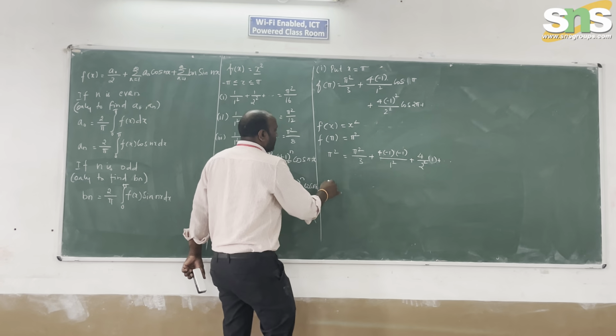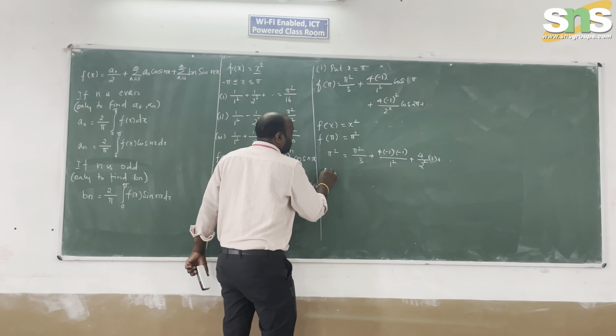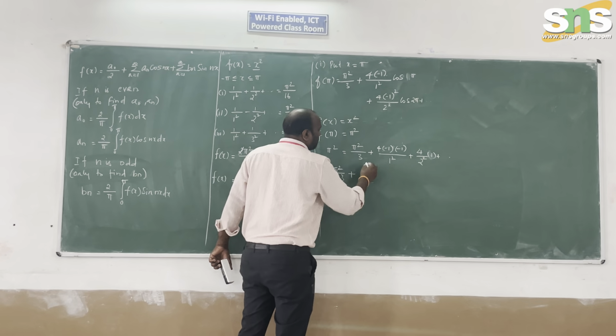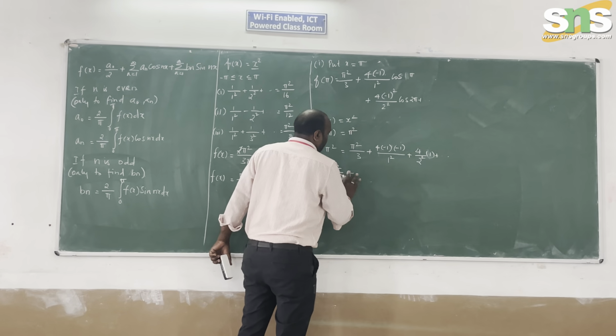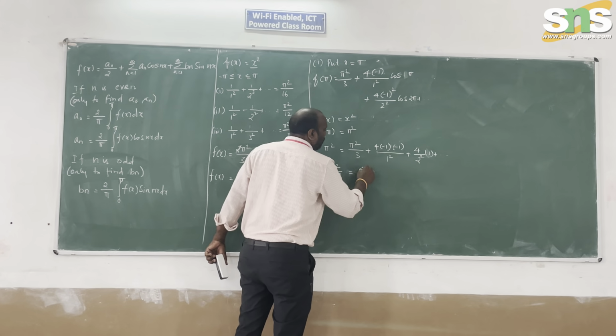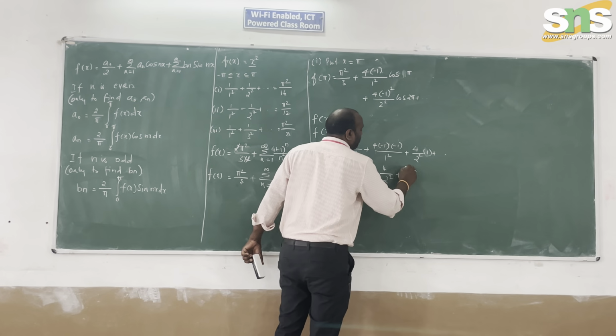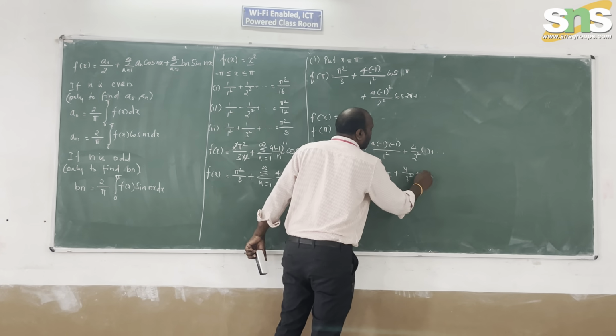So here π² minus π²/3 is equal to 4/1² plus 4/2² plus 4/3² plus and so on.